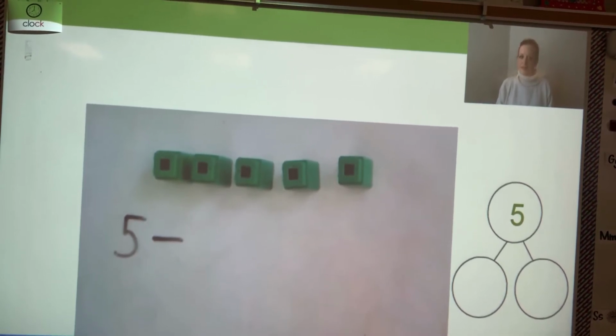We took away 2. 2 frogs jumped in the pond. See if we're right. Think. Say it. Yes. We took away 2 because 2 frogs went for a swim.